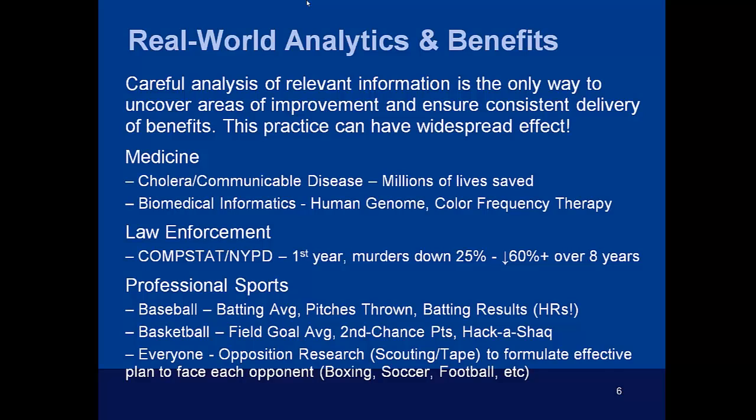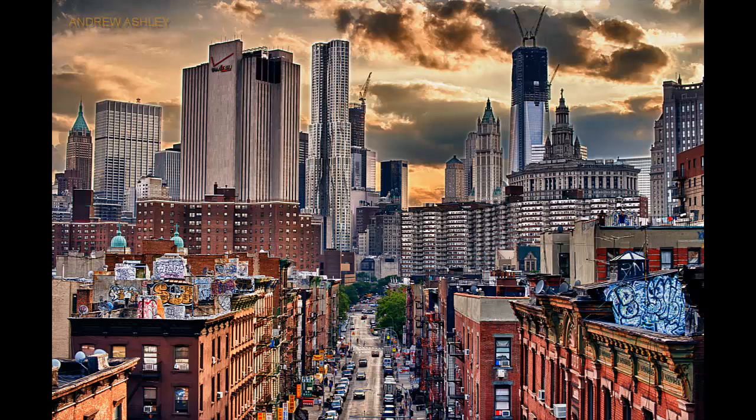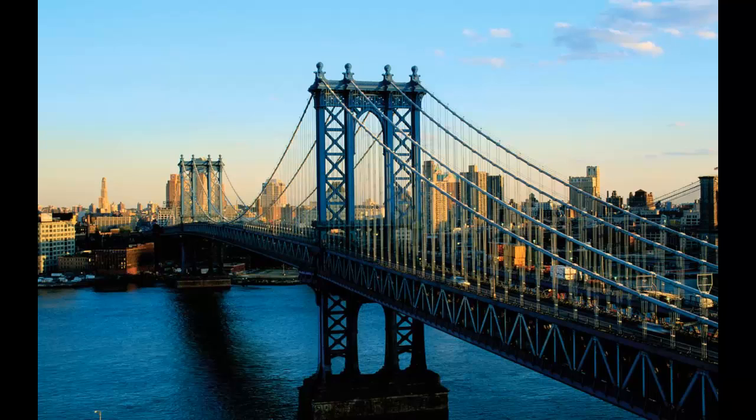Same kind of thing with law enforcement, and something that anybody who lives in a major metropolitan area now benefits from, but up until a couple decades ago wasn't really widespread. So if we take the example of New York City, up until maybe the 80s, the crime rate there was pretty bad, and something that was of major concern.